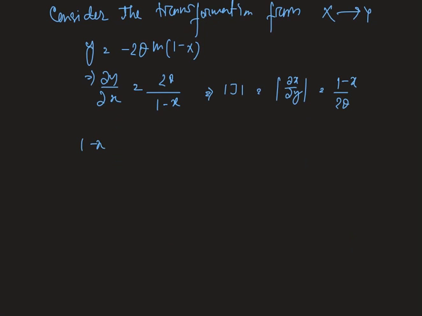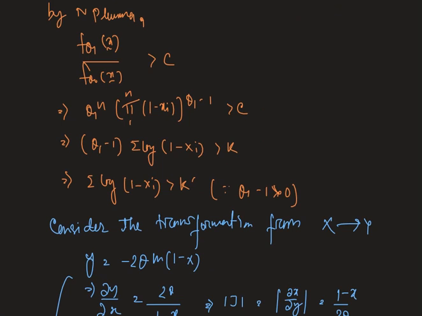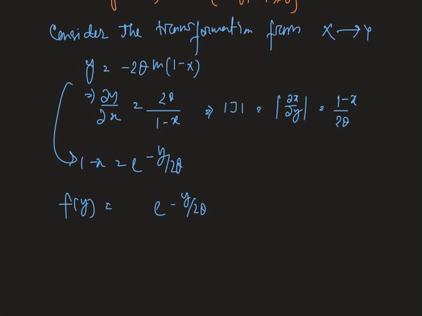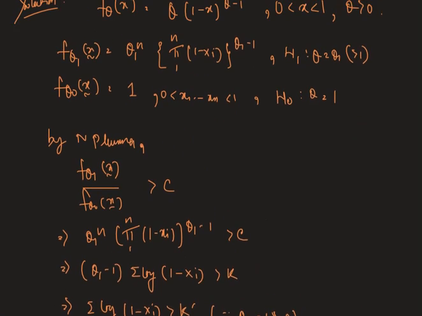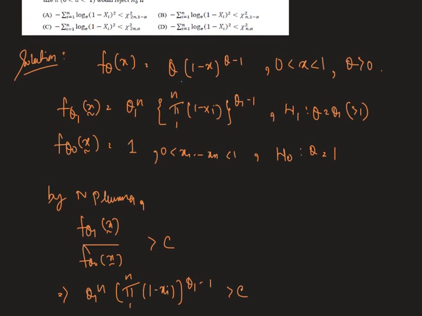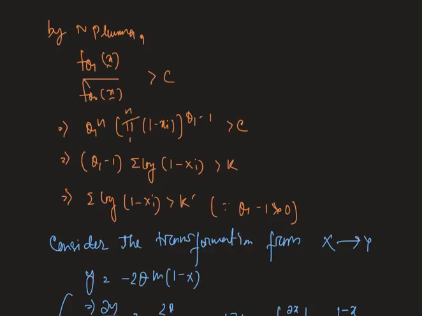Now 1 minus x equals e to the power minus y by 2 theta. Hence f of y can be written as, wait a minute, theta into (1 minus x) to the power theta minus 1.